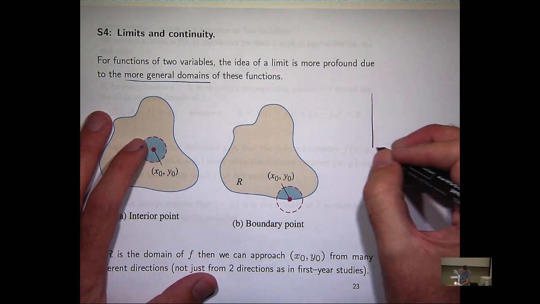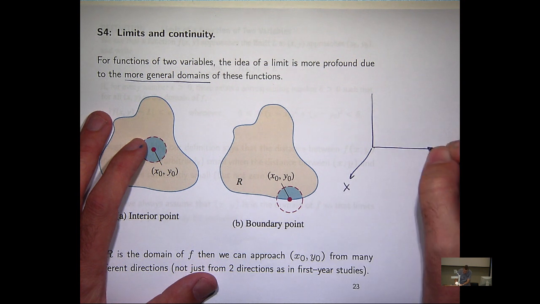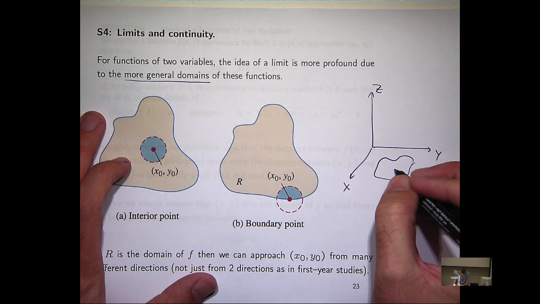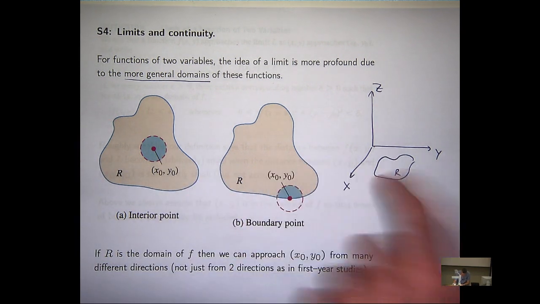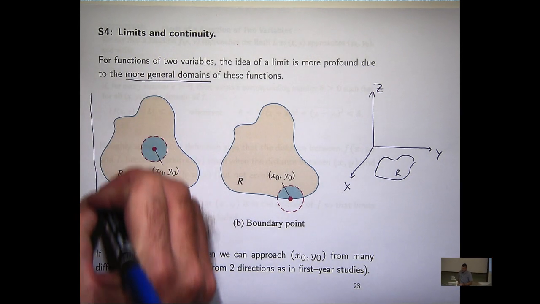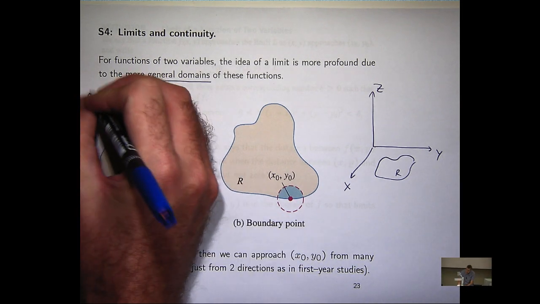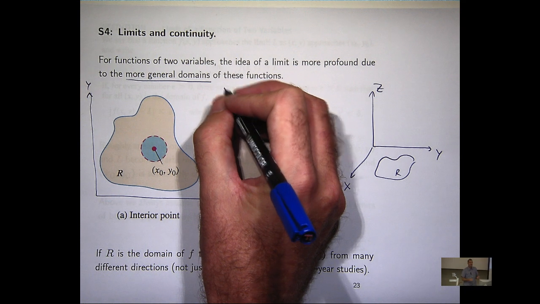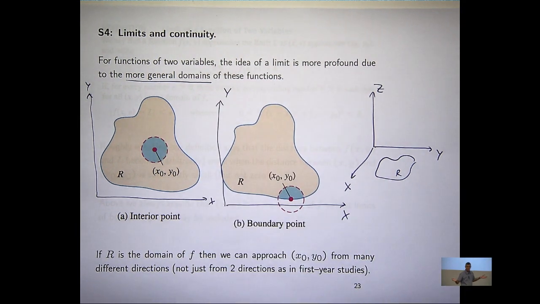Just to put this into context, think of these two sets lying in the xy plane, and then you've got a surface above or below or maybe interacting with that two-dimensional set. So think of these two pictures as two possible domains for a function, lying in the xy plane.